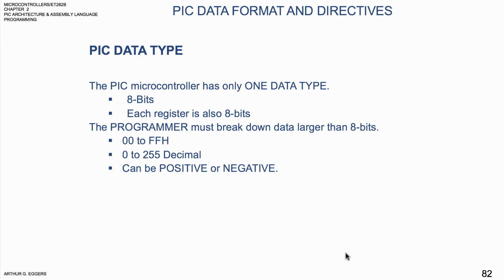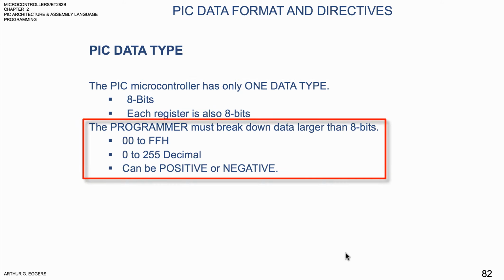It's the job of the programmer to break down data larger than 8 bits, 00 hex to FF hex, or 0 to 255 in decimal, if it's to be processed by the CPU. So you'll see these values. We bounce back and forth between binary, hex, and decimal throughout this class and these presentations.